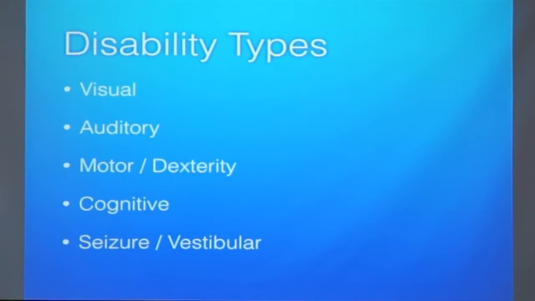I know a person who uses a screen magnifier to get rid of all the junk and just to magnify the content that they want to look at. So consider that. Seizure and vestibular. That's difficult to say. It was funny because I was going to show an example of that, and then my thought was, well, what happens if I set off a seizure?